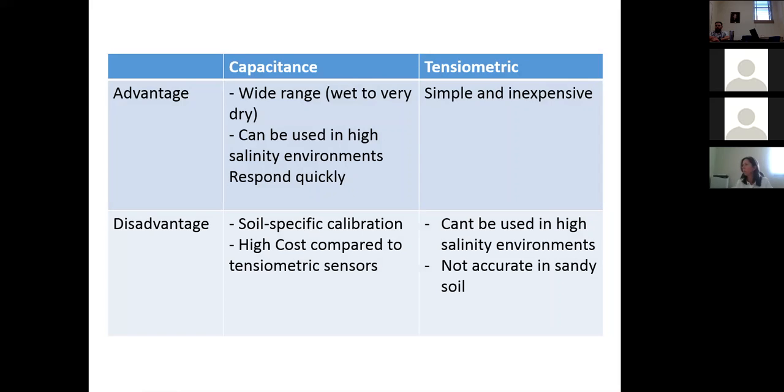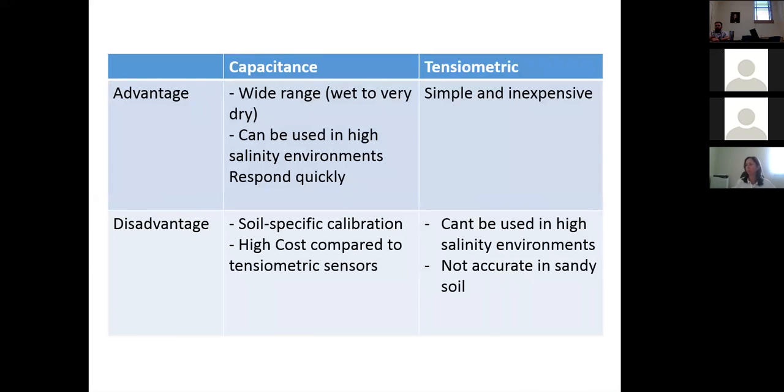The disadvantage of the capacitance probe: you need calibration, and it has high cost compared to the tensiometric sensor. The disadvantage of the tensiometric sensor: it can't be used in high salinity environments and is not accurate in sandy soil.